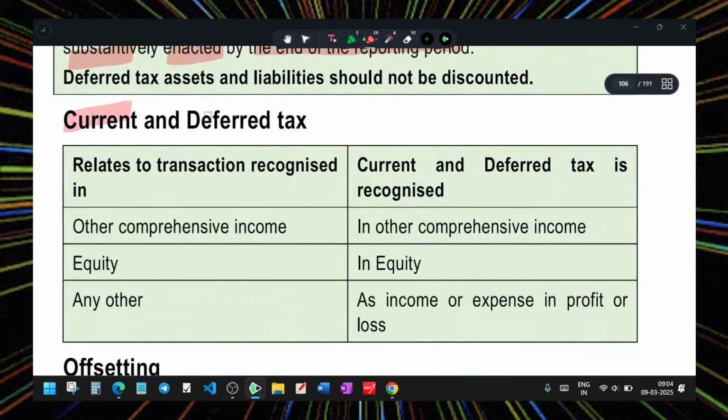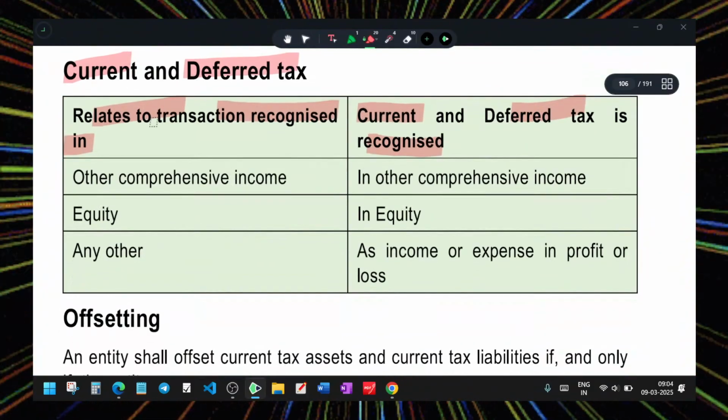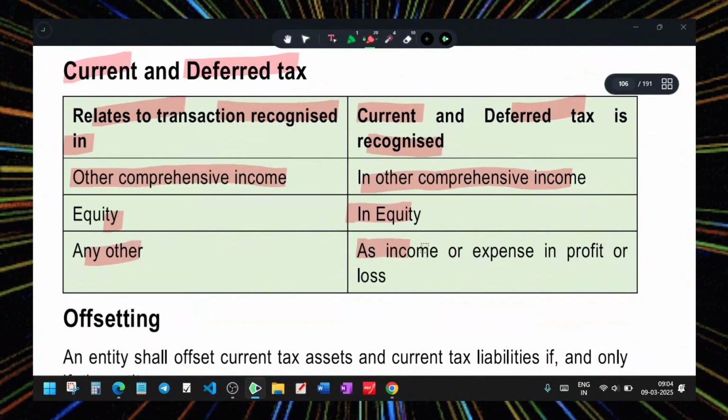Current tax and deferred tax relating to a transaction recognized in other comprehensive income are also recognized in other comprehensive income. Relating to equity, they are recognized in equity only. Others are recognized as income or expense in the profit and loss account.